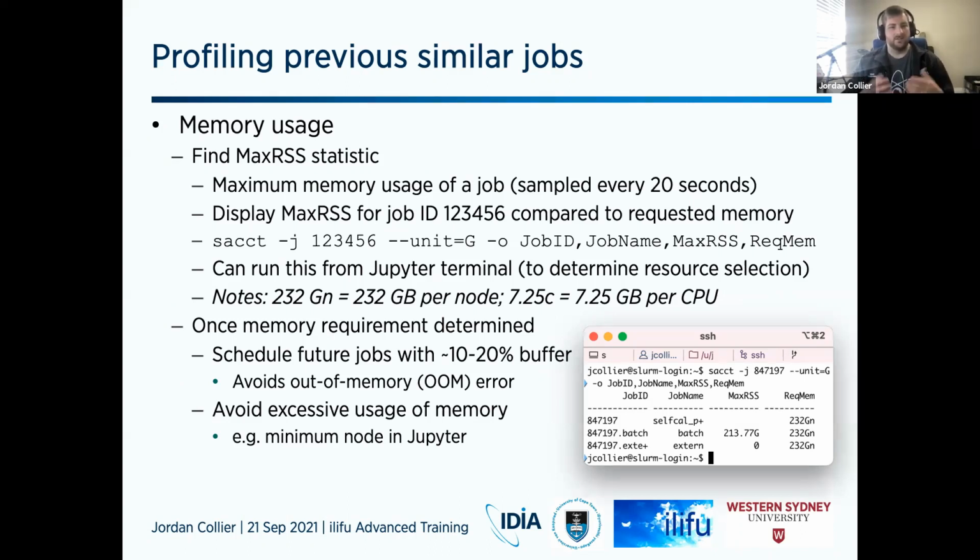For instance, you can get that with the saccount command, and you could compare that to your requested memory. You can run this within Jupyter as well, and this could help determine your future resource selection from the dropdown. You can see an example of a job that I've run.